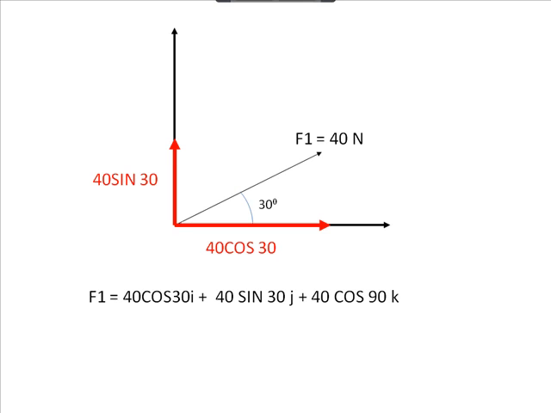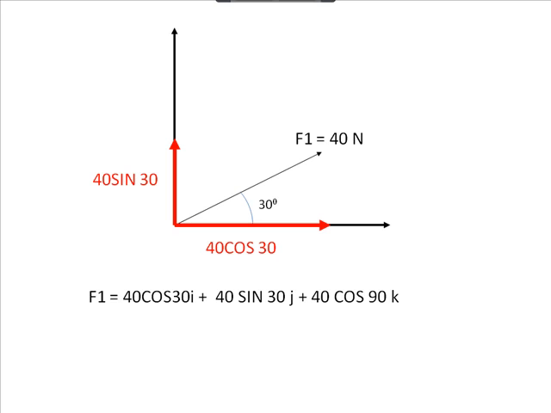So, in vector form, this force can be written as 40 cos 30 i plus 40 sin 30 j plus 40 cos 90 k. Meaning, 40 cos 30 is the x component of this force, 40 sin 30 is the y component, and 40 cos 90 is the z component.